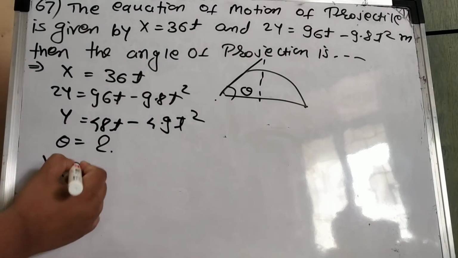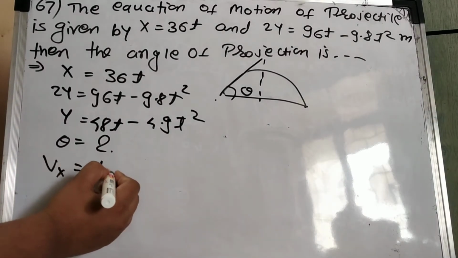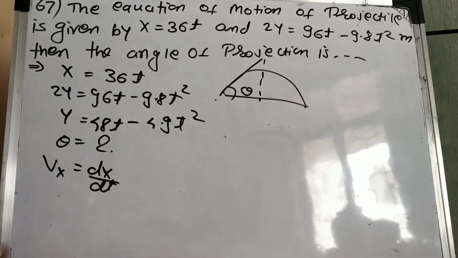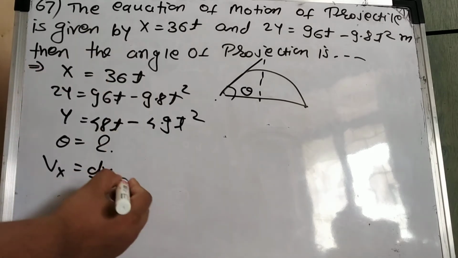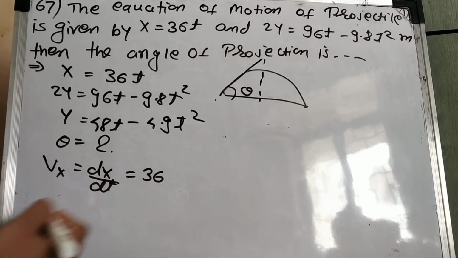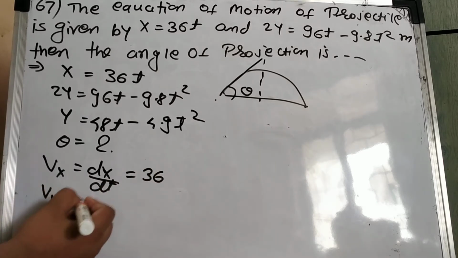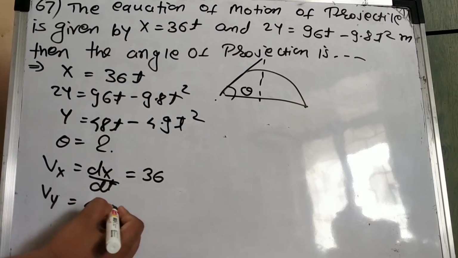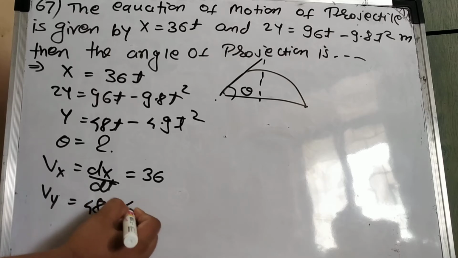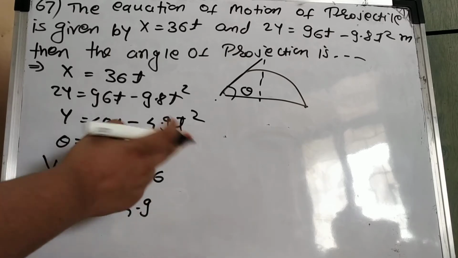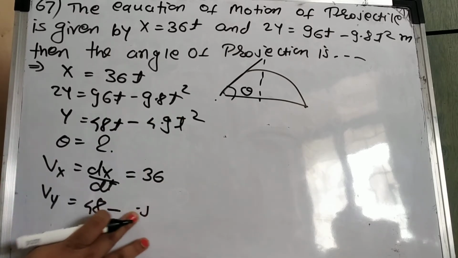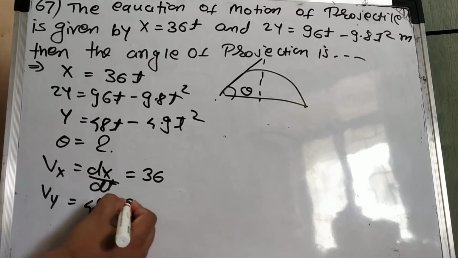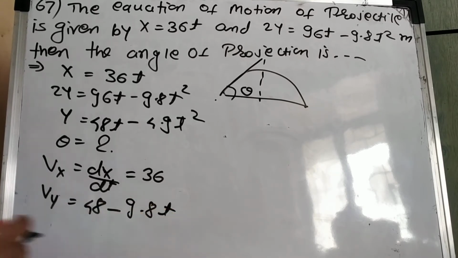Vx is equal to dx divided by dt. If we take the derivative of 36t, how much is it? 36. If we take the derivative of y, it is 48 minus 4.9 multiplied by 2t, that means 9.8 t. Okay, this is the derivative of y.